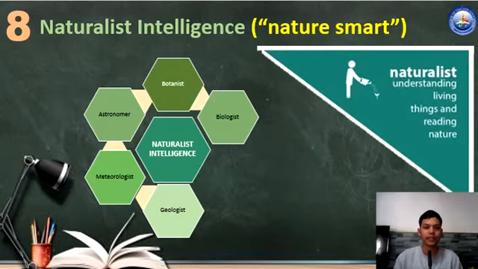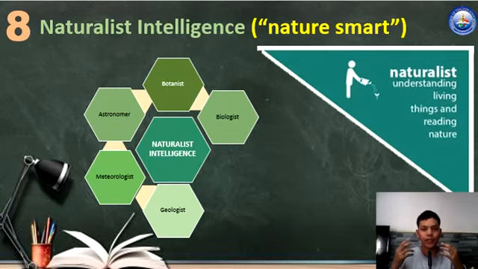And lastly, the naturalist intelligence, or we also call nature smart. So naturalistic intelligence involves expertise in the recognition and classification of the numerous species, so the flora and fauna of his or her environment.